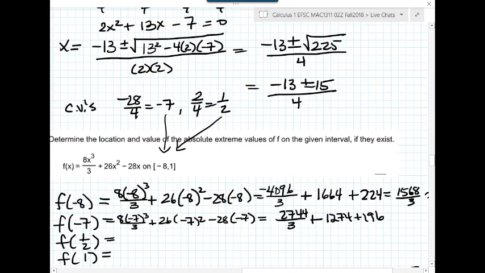All right, so f of negative 7 then, we have 8 times negative 7 cubed over 3 plus 26 times negative 7 squared minus 28 times negative 7.